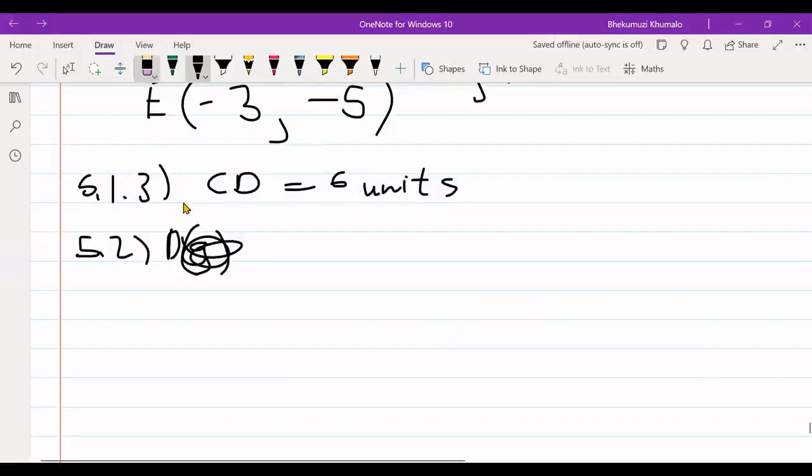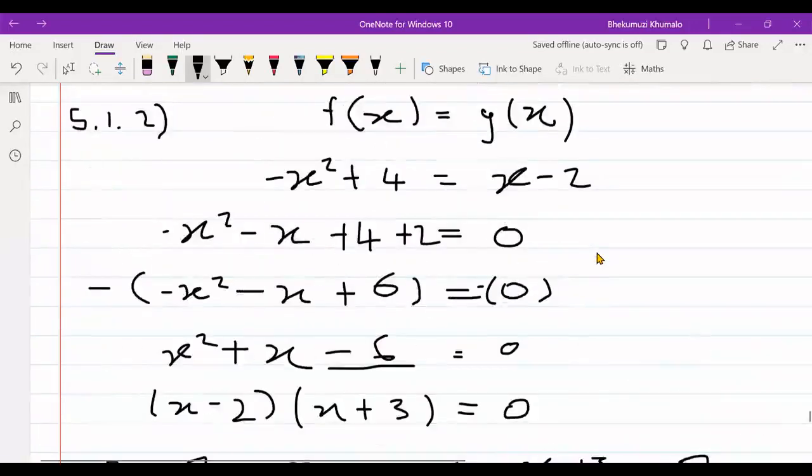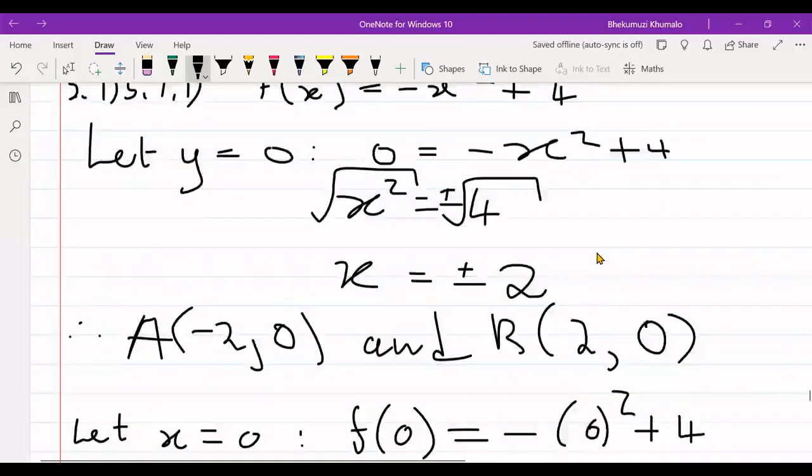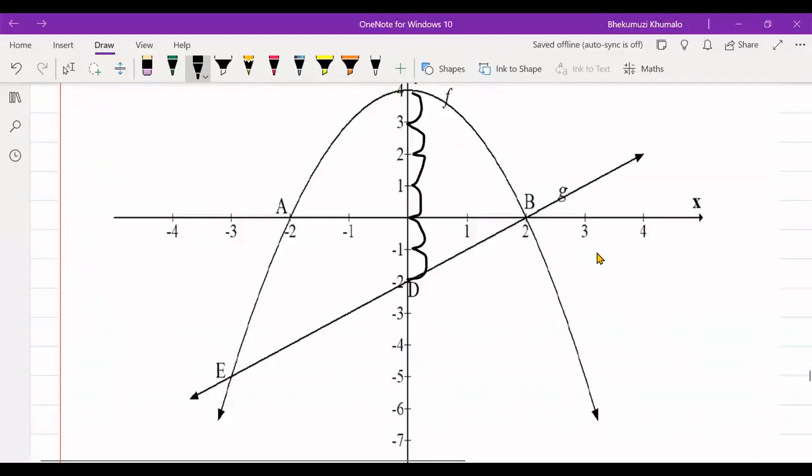The domain of G is all the X values. So let me actually write this properly. 5.2.1, and this is domain of G, right? And so domain of G is equal to what?